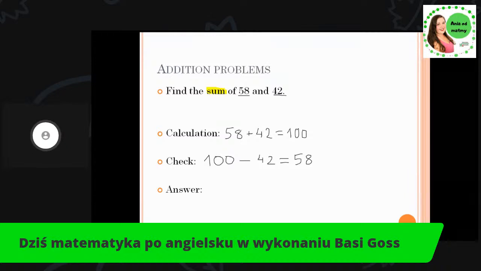Yes, the sentence is the sum of 58 and 42 is 100. Done really well in solving these addition problems. We've got 2 stars here who put really good comments. Cornelia and Maya, well done.